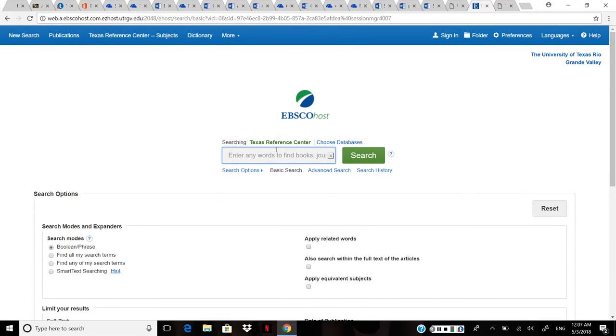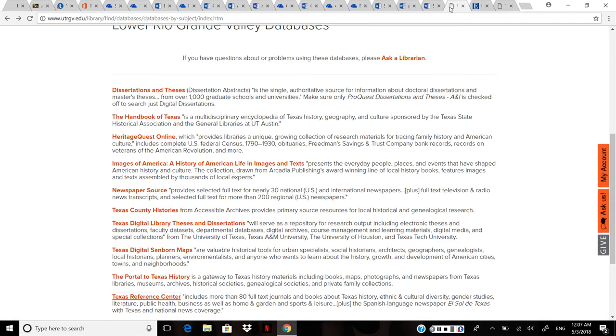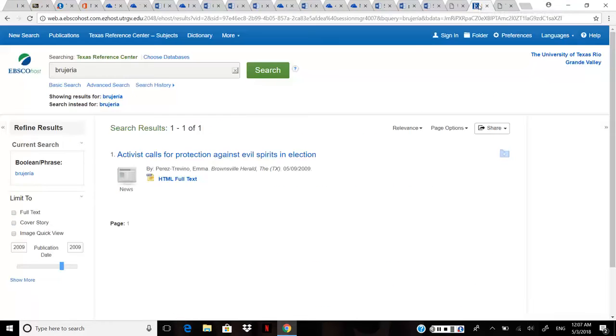So I did brujeria, and we searched, and we press search, and papers will come out. This one only had one, but if you were to go to a different one, several more would come out. So we went here, and those gave us our sources.